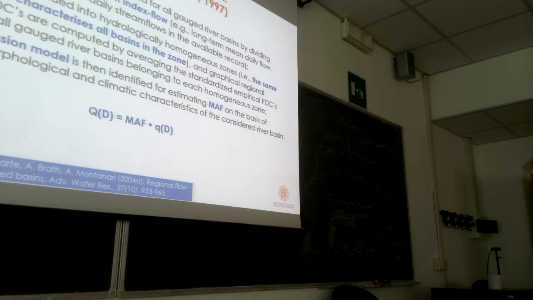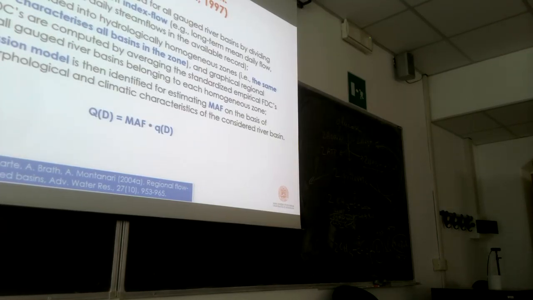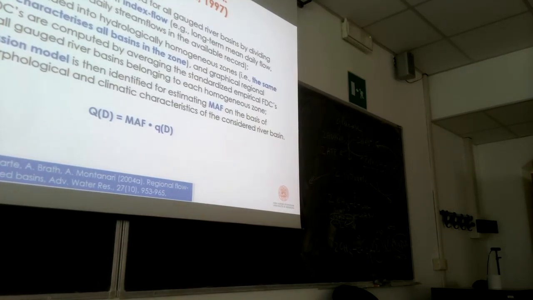This term is site-specific. This has a regional validity. So, to get it for a given site, you use the lowercase q relationship that you obtain by averaging several empirical dimensionless flow duration curves you construct from data observed at catchments that are similar to your site of interest.